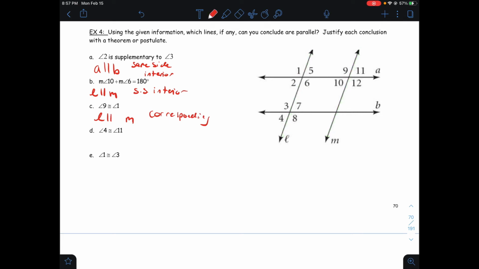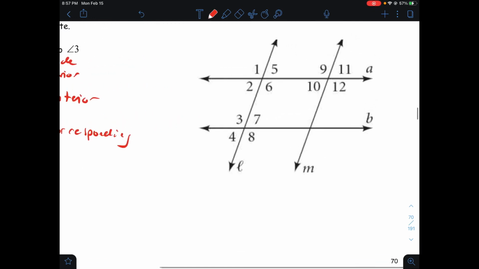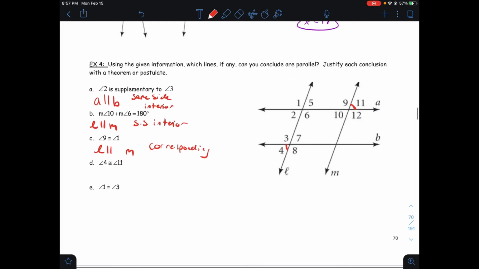All right, so now let's look. It says angle 4 is congruent to 11. Actually, we don't have to do that one, we don't got to do that one.